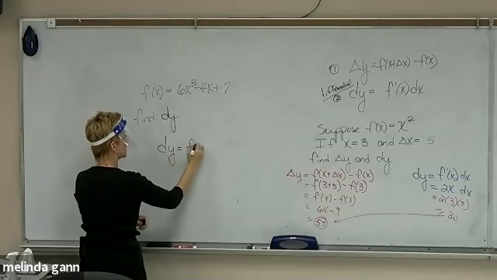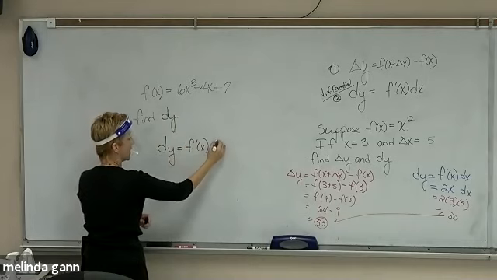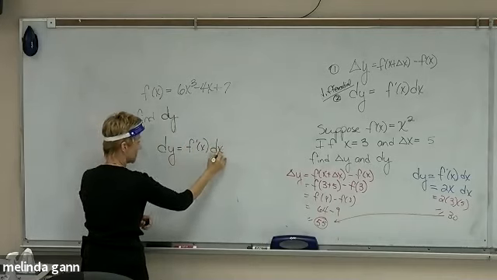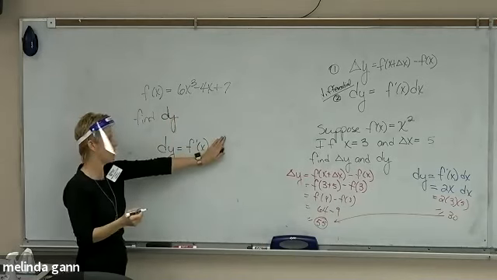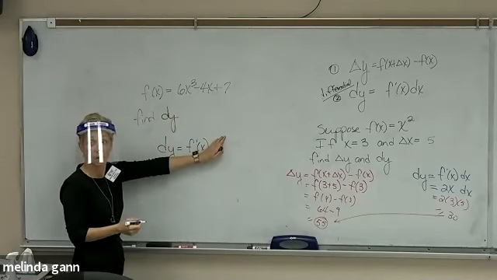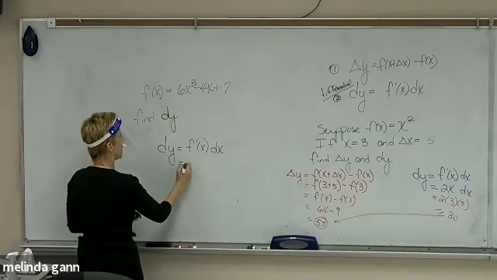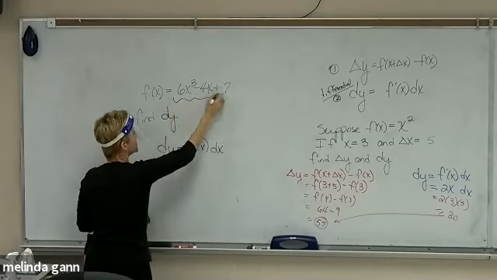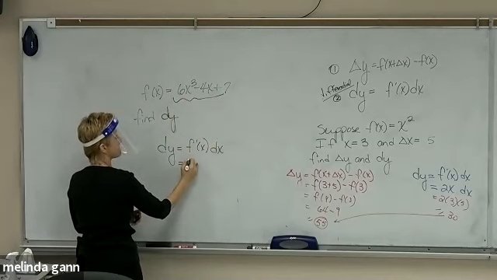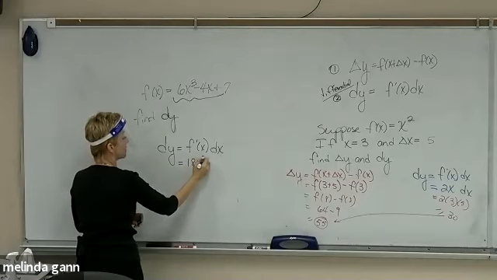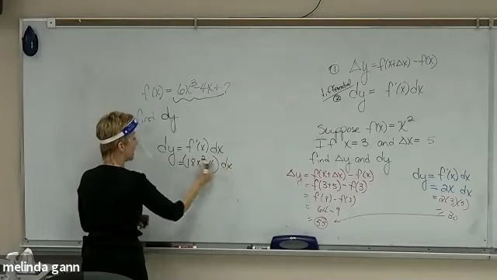It's f prime of x dx. It's not just f prime of x, it's f prime of x times dx. So I would expect you to write down the derivative of this thing, 18x squared minus 4, but you better have that dx on it.